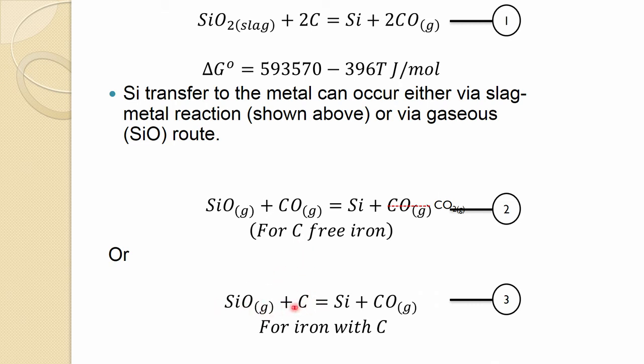So, that carbon reacts with the ascending SiO gas, and silicon gets absorbed into metal. We do not have that much gas usually for iron free from carbon, which could be at the upper part, so that is not possible.